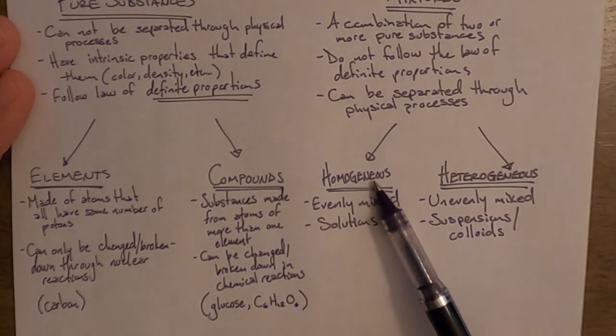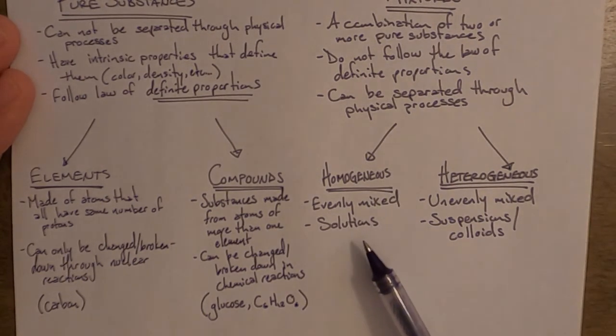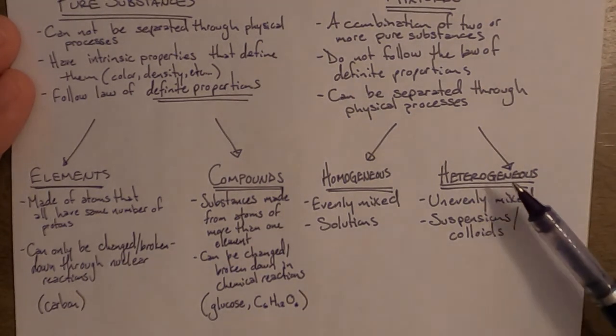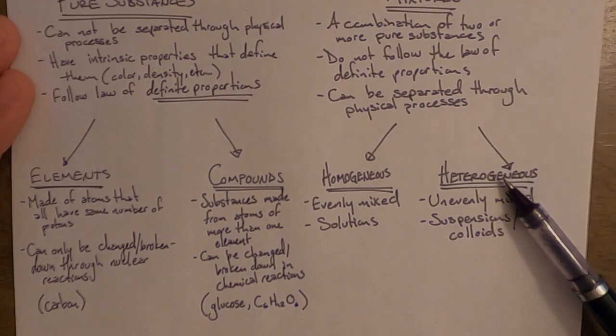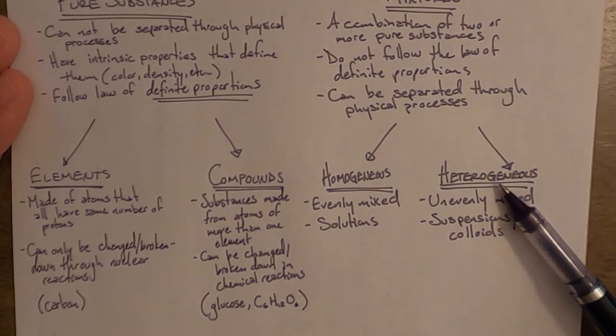An example of a homogeneous mixture would be something that does dissolve into water very easily, things like sugar water or salt water. Examples of heterogeneous mixtures would be things like milk or oil in water when you shake them up, or starch in water.